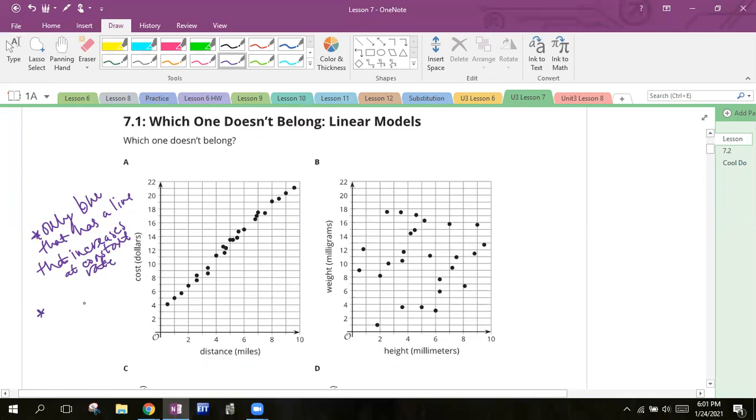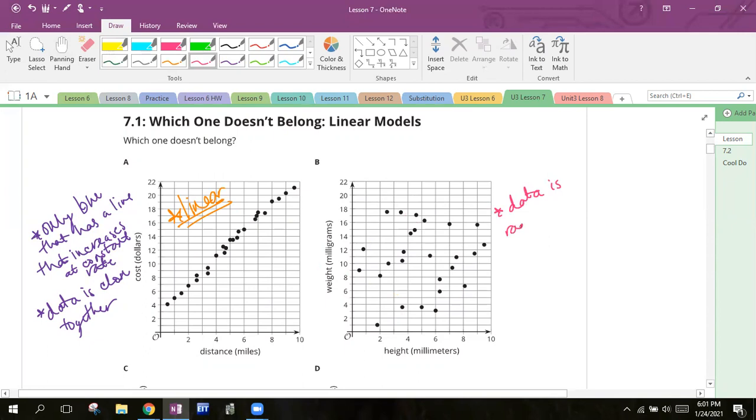It also looks like the data is close together, right? It's not all spread out. Okay, so another word we could use for this is that it's very linear. If you didn't write anything else down, make sure you put that it's very linear because it looks like it forms a pretty good line.